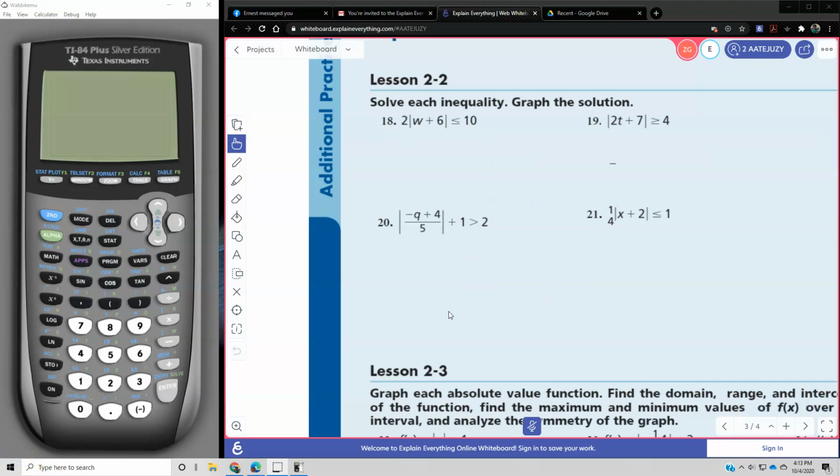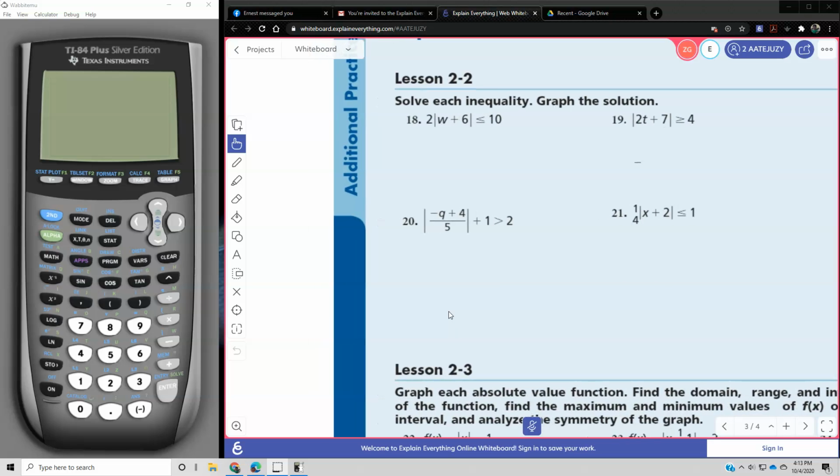We're solving each of these inequalities. Here we have a 2 in front of the absolute value, so you have to divide by 2 first. So you have the absolute value of w plus 6 is less than or equal to 5. So now we have two possibilities. So it's w plus 6 is less than or equal to 5.